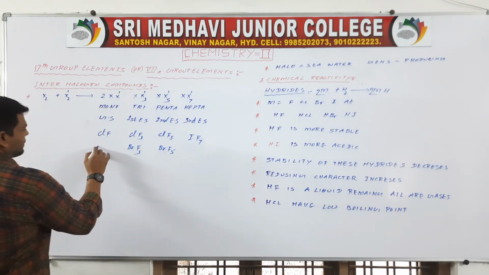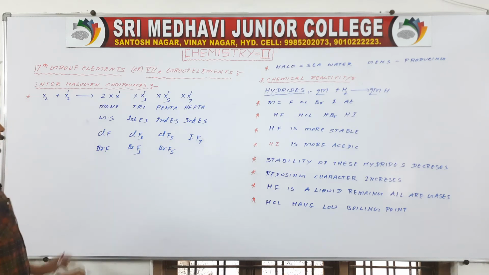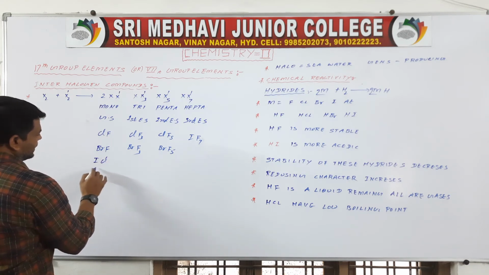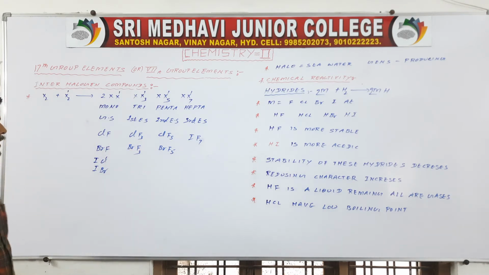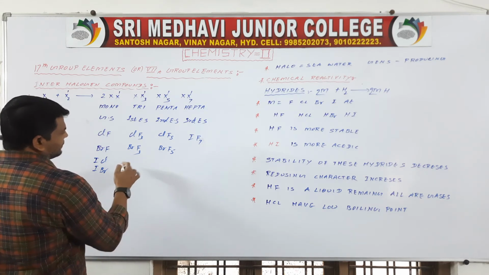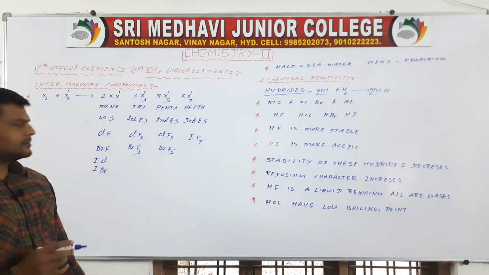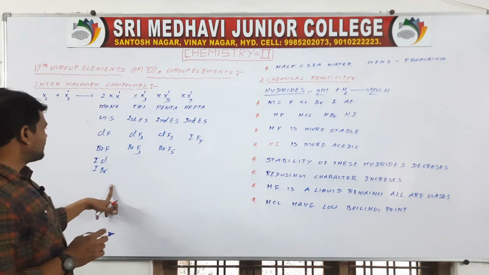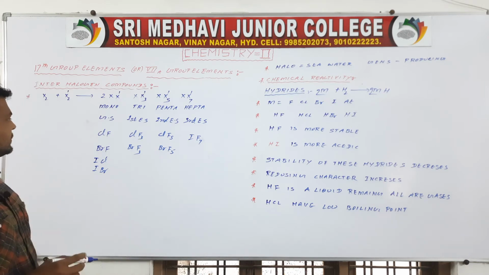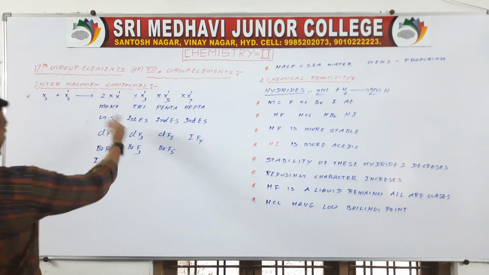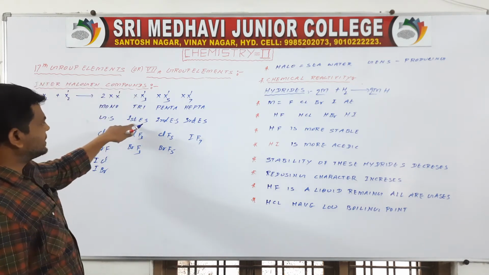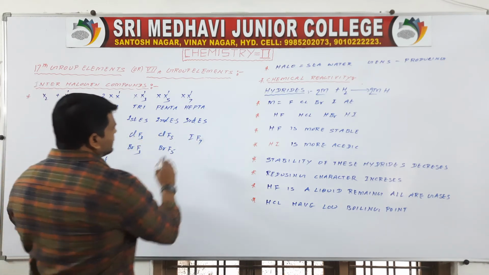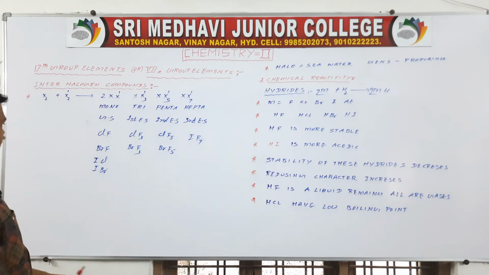Also ClF, BrF, ICl, IBr, ClF3, BrF3, ICl3, IBr3, all these are examples of interhalogen compounds, in ground state, first excited state, second excited state and third excited state.